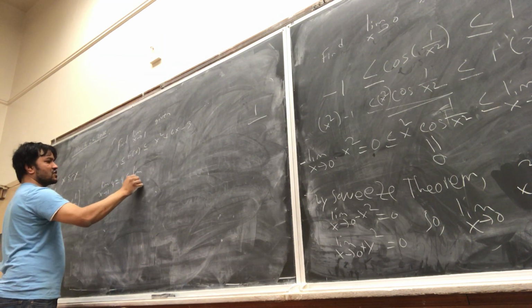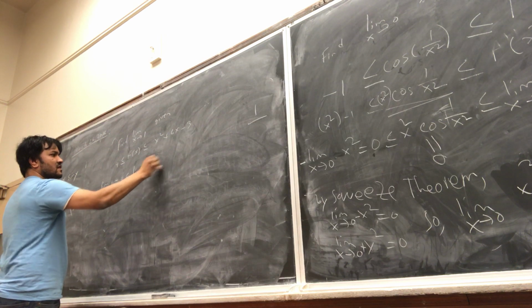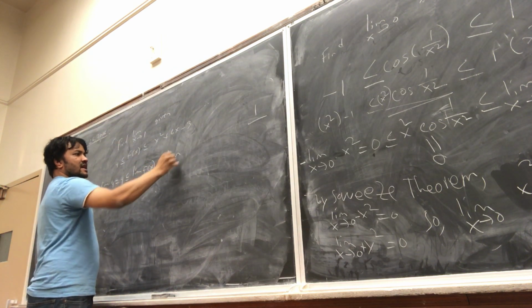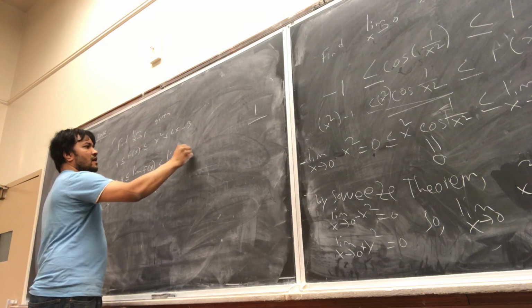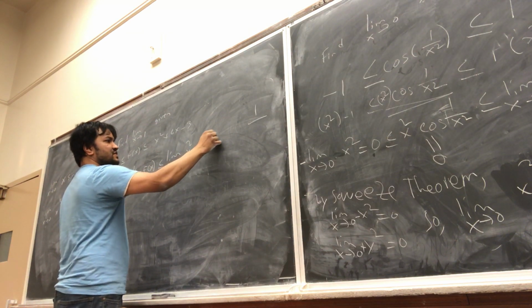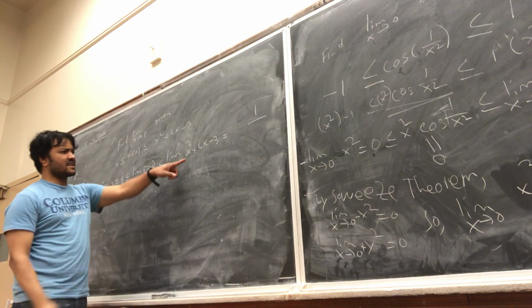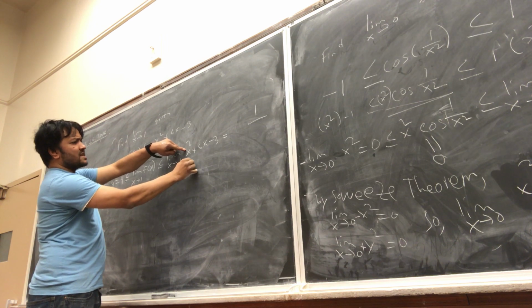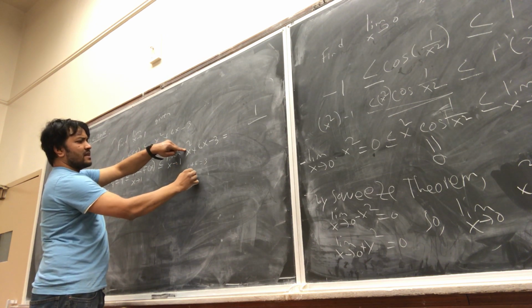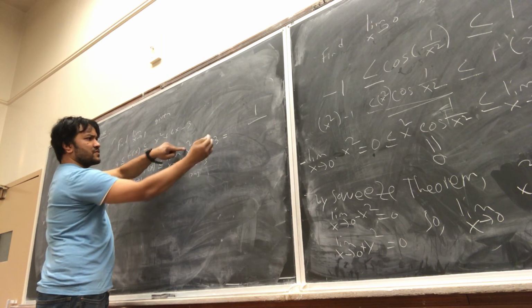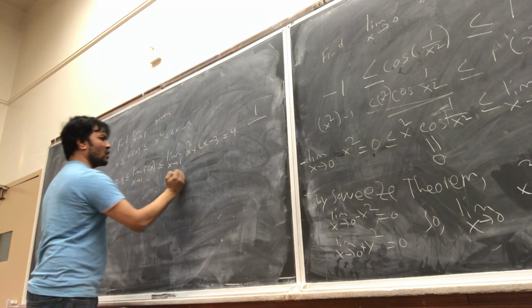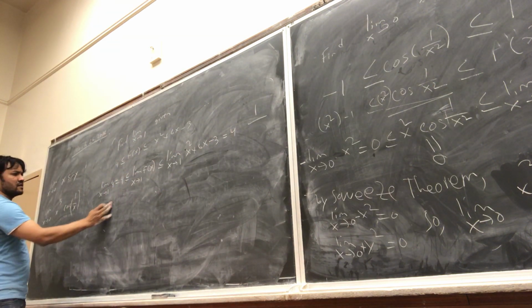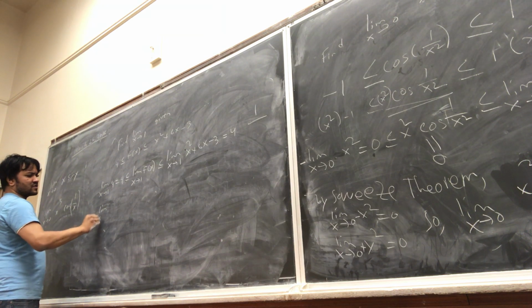The limit as x goes to 1 of x squared plus 6x minus 3 has to be, let's see, is it 4? 1 plus 6 minus 3, so 7 minus 3, which is 4.